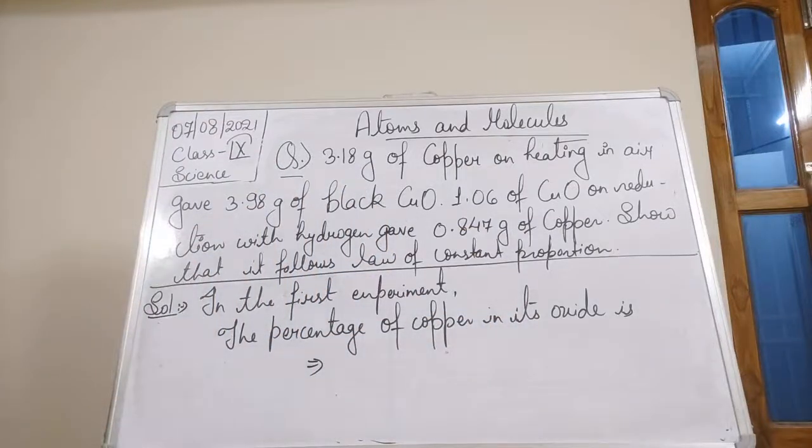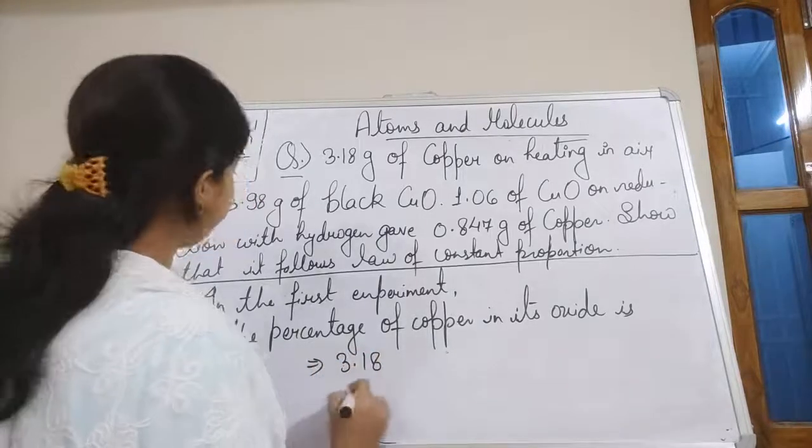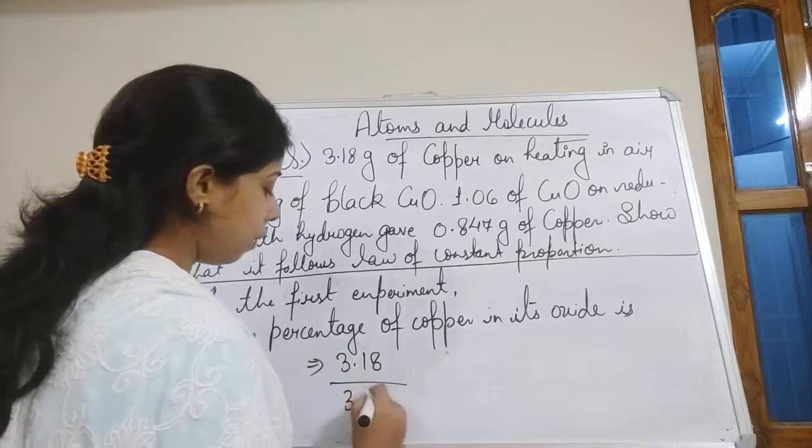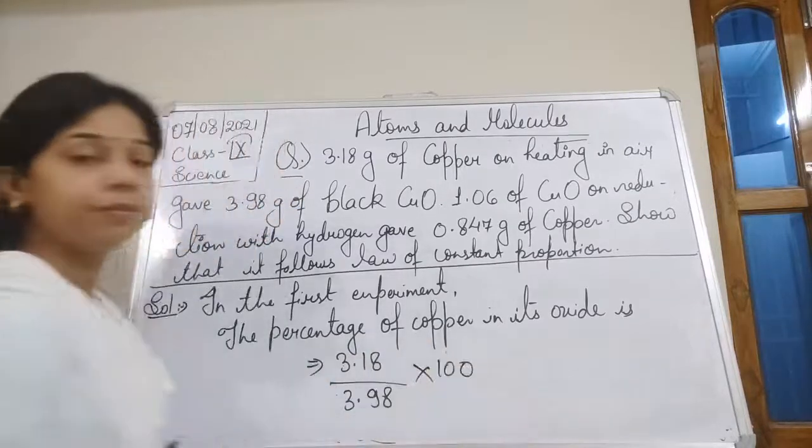So the percentage is 3.18 divided by 3.98 into 100.